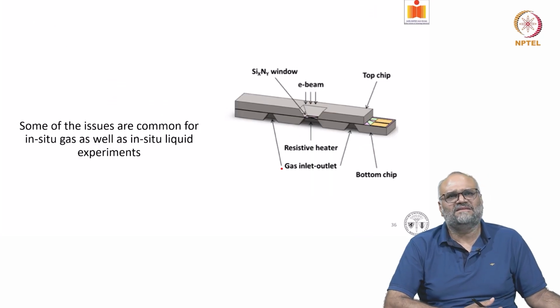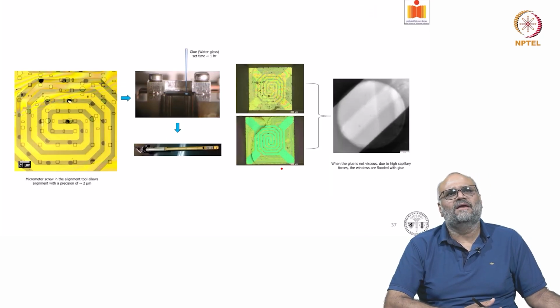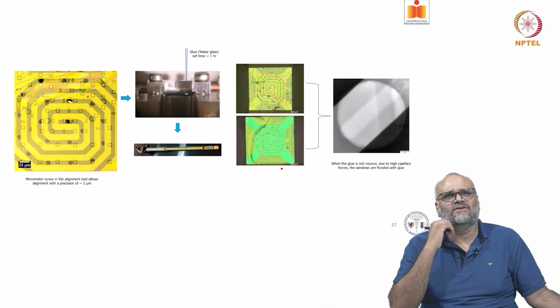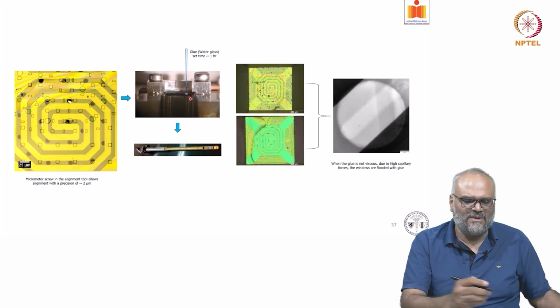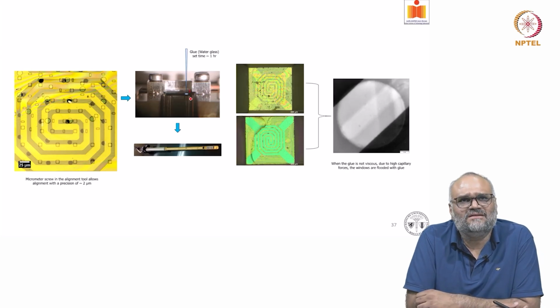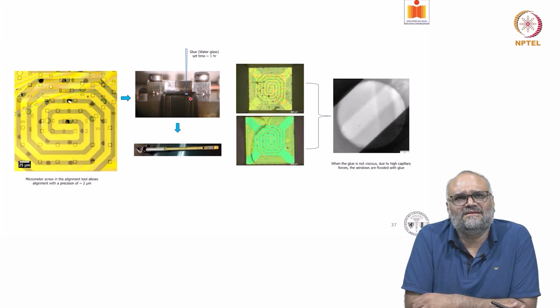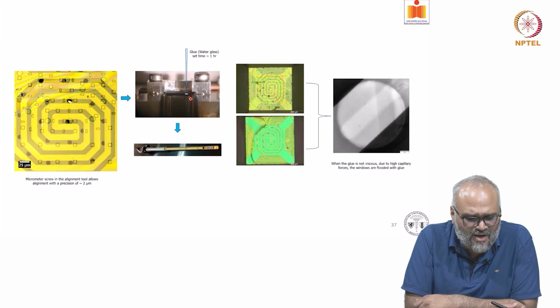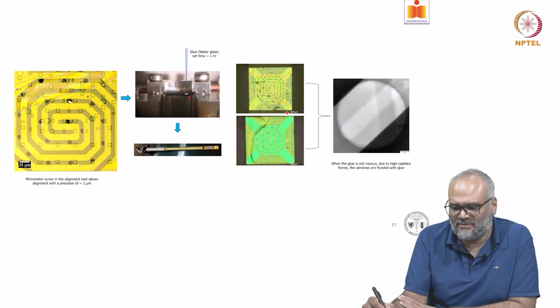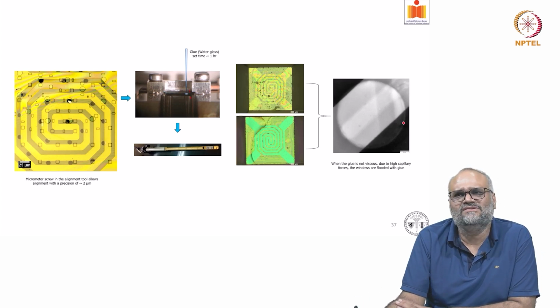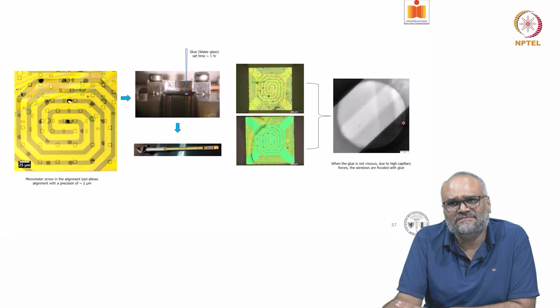So firstly, when you're having this kind of gluing mechanism, the capillary force between the membranes that are very close is so high that if the gap between the top and the bottom chip is not adjusted carefully, you can potentially have the windows flooded with glue like this, and you lose your area of interest.